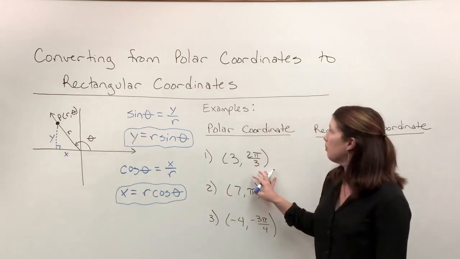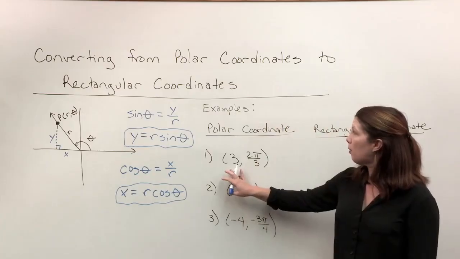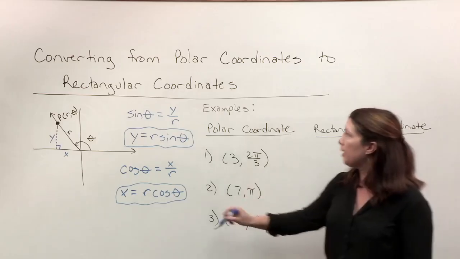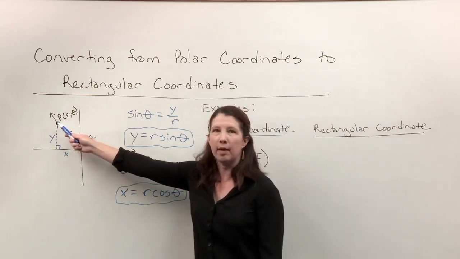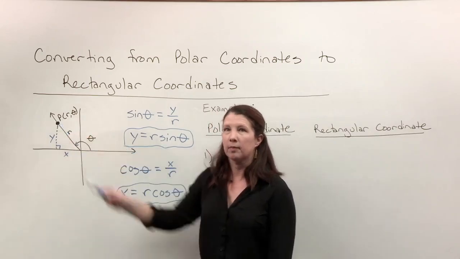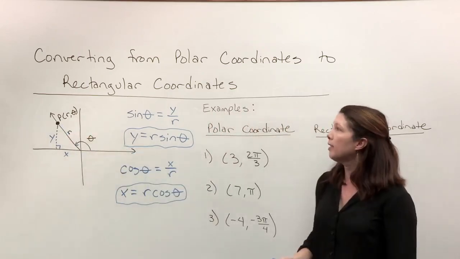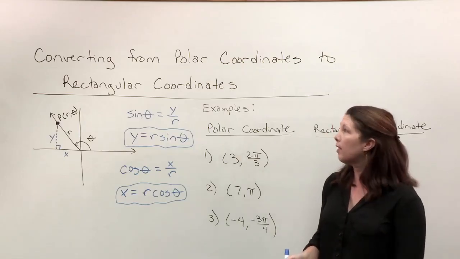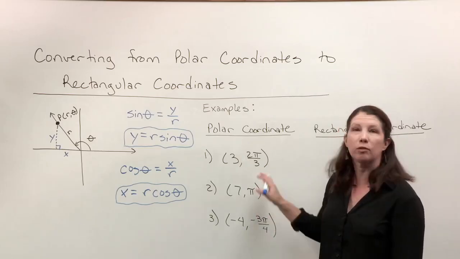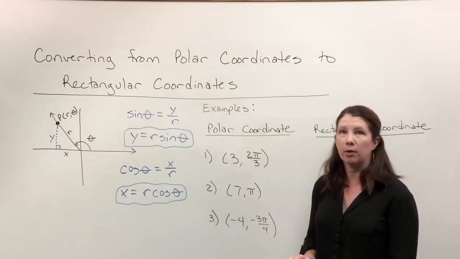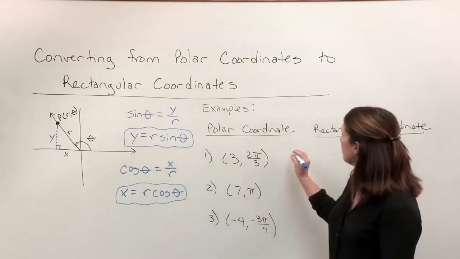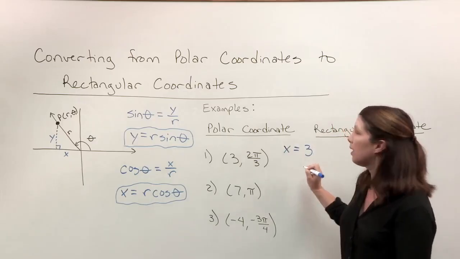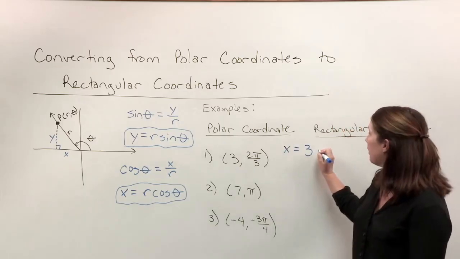Looking at our first example, we have the polar coordinate 3, 2 pi over 3, which would be in the second quadrant. You can think about it as being right here. Picture taking a rectangular coordinate plane and lying it on top of our polar plane. We want to find the corresponding point x, y that would be in that same location. To find x, we can use the formula x equals r cosine theta.